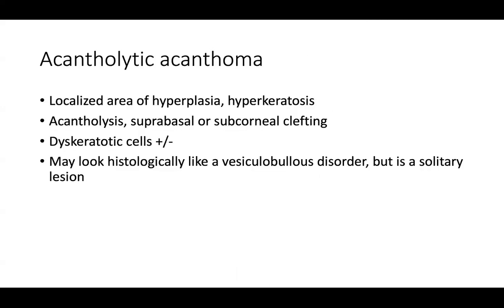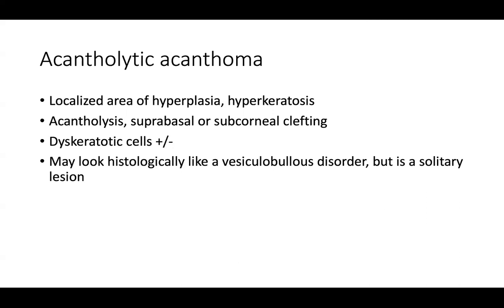Acantholytic acanthoma is a localized area of hyperplasia and hyperkeratosis. You see acantholysis, suprabasal or subcorneal clefting, dyskeratotic cells, and you might see what looks like a vesiculobullous disorder, but the clinical doesn't fit that. So it's a solitary lesion. So anytime you see acantholysis, you'll be thinking about, is this some type of acantholytic neoplasm or acantholytic squamous cell carcinoma, acantholytic acanthoma, warty dyskeratoma?